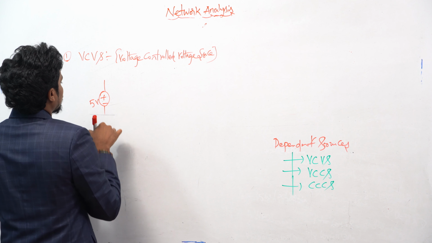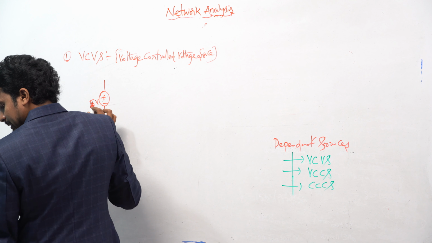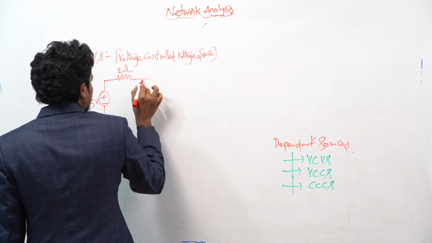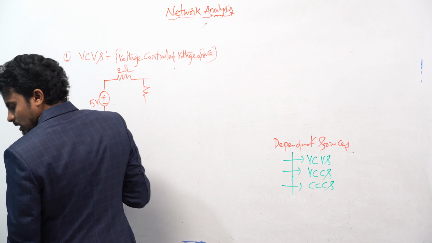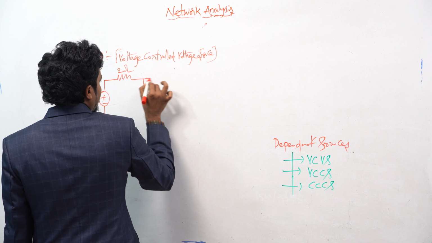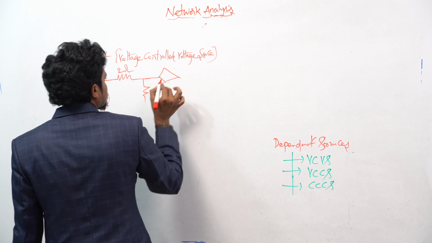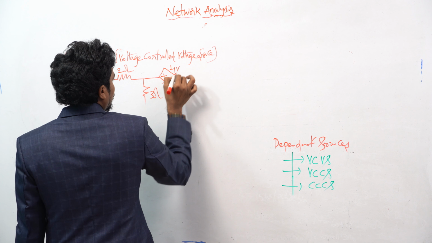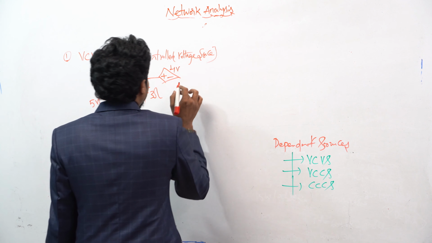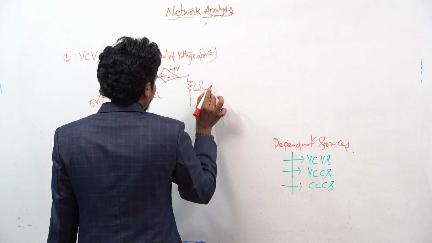For example, here I give a 5 volt source, a resistor of 2 ohm, and here a resistor of 3 ohm. This is my 4 volt, here this is my V, and I give a resistor of 6 ohm.